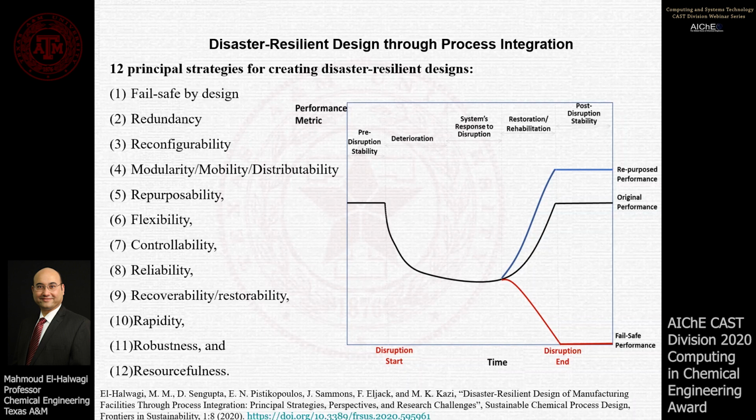And it turns out that process integration provides a very powerful framework for creating designs that can be repurposed during pandemics or other disasters to produce the chemicals that we needed to cope with the emerging needs following a disaster. And as shown in this paper with my colleagues, Drs. Singupta, Bistokopoulos, Salmons, El-Jack, and Kazi, there are 12 primary strategies for using process integration to create resilient design.